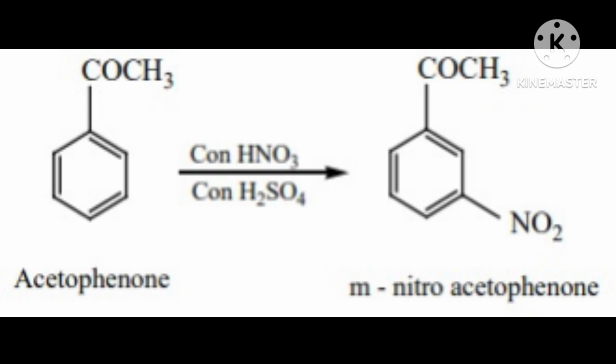This H2O will be absorbed by H2SO4 because H2SO4 is a dehydrating agent. Only in the presence of H2SO4 will this reaction take place. The OH of HNO3 and H of benzene make water, which H2SO4 will absorb. Okay, this is the role of H2SO4.